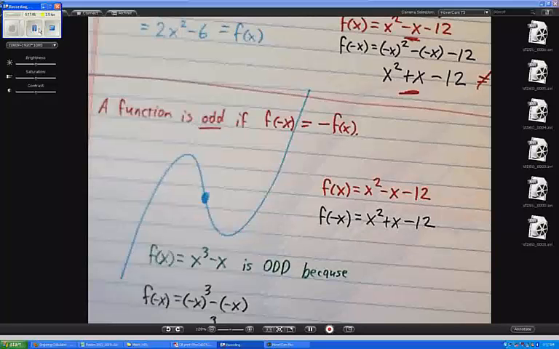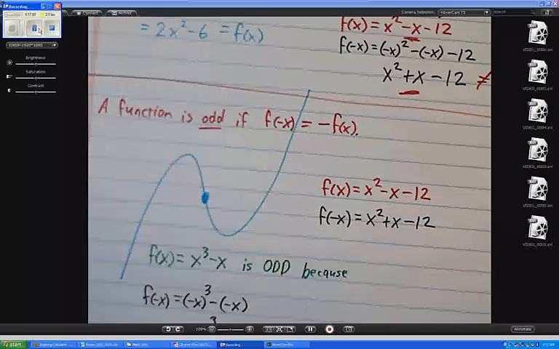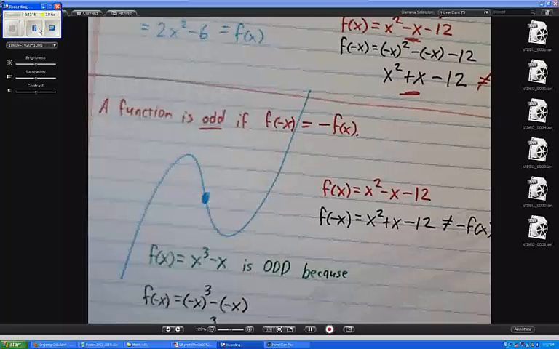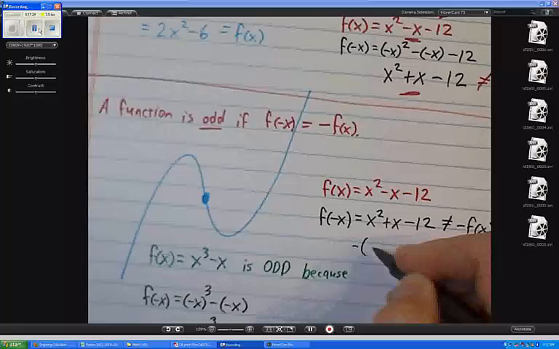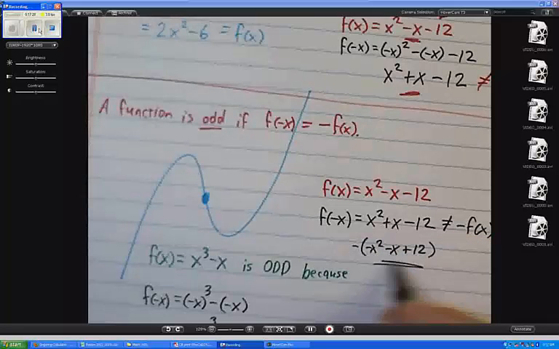And I would say that does not equal negative f of x. And since it doesn't equal, if you factor out a negative 1, you're not going to get back what you started with. I mean, you could try. But that right there is not what I started with if I factor out a negative 1. So I would say that this function, f of x, is not odd.